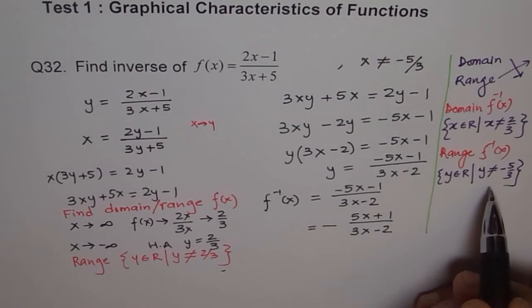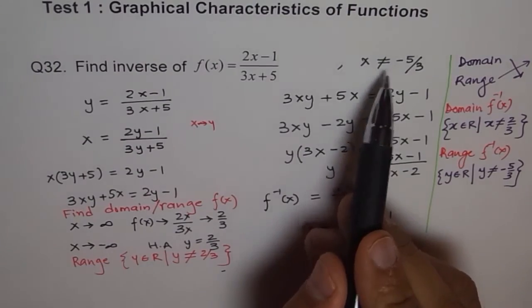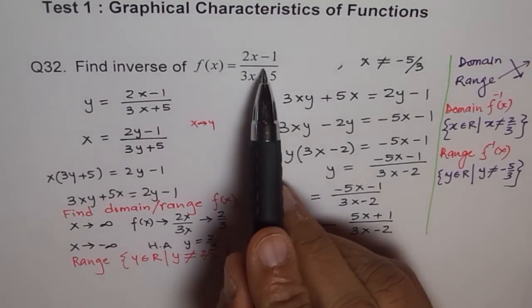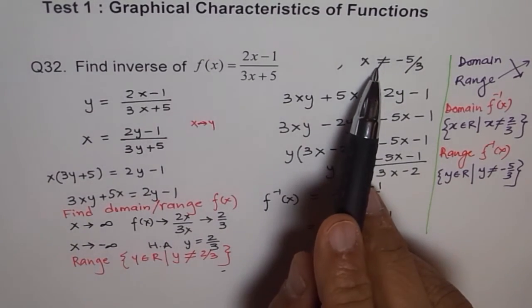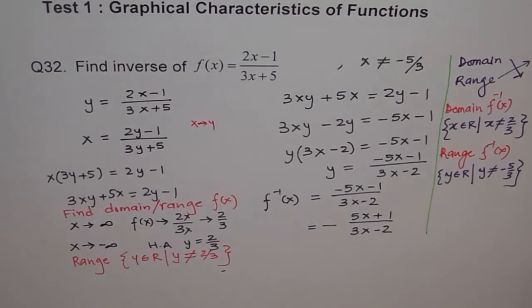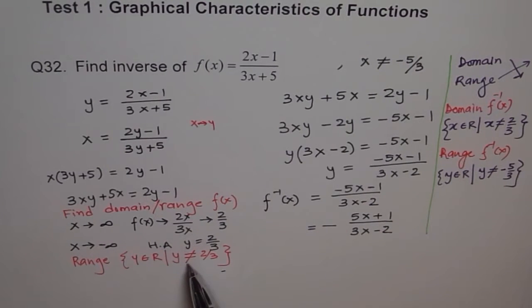This range is same as the domain of our main function, correct? And our domain is same as the range of our main function. Do you see that part?